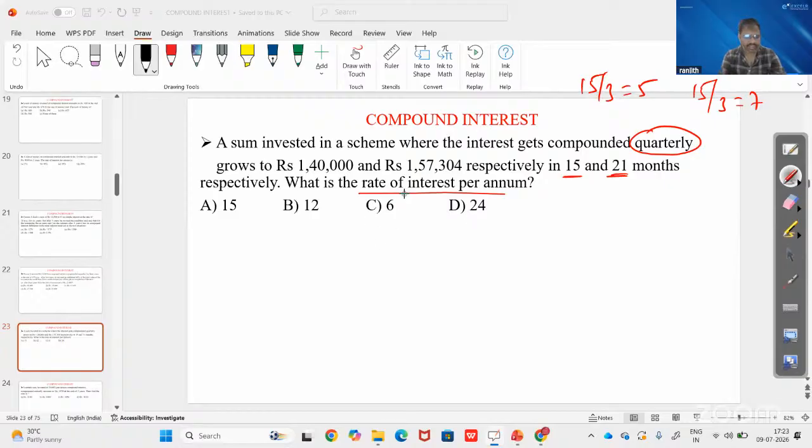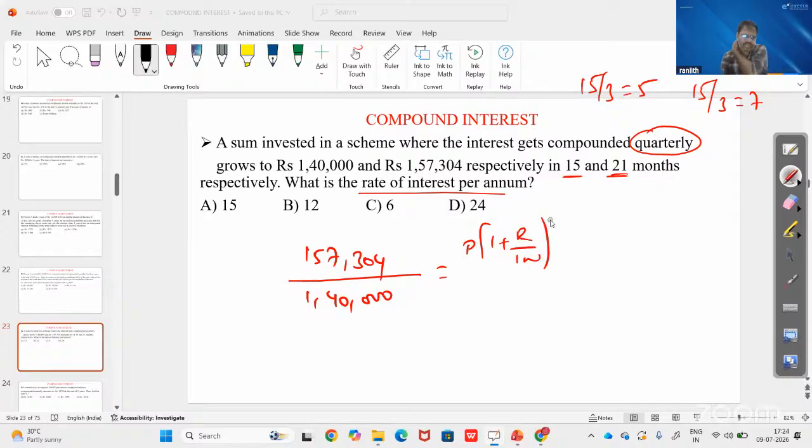So overall, 1,57,304 divided by 1,40,000 is equal to P into 1 plus R by 100 whole to the power of 7, over P into 1 plus R by 100 whole to the power of 5.